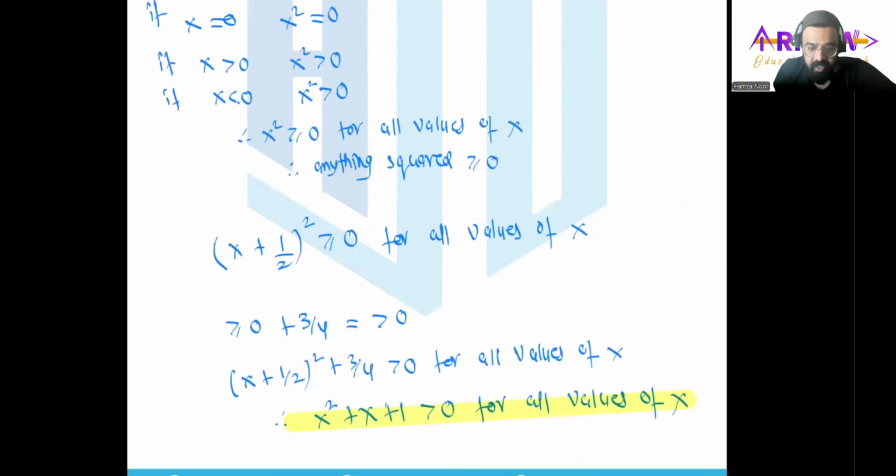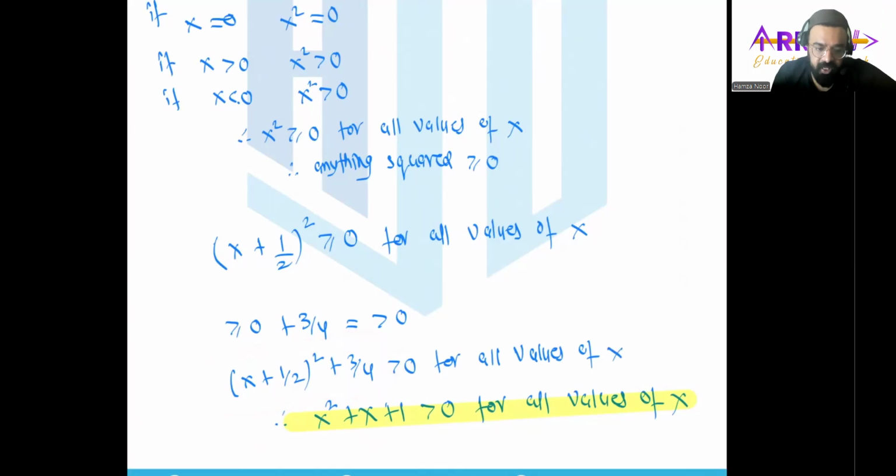So this definitely implies the fact that x plus half whole square plus 3 over 4 is greater than 0 for all values of x. Okay, whatever values you choose for x, the outcome of this expression will always be greater than 0, isn't it?